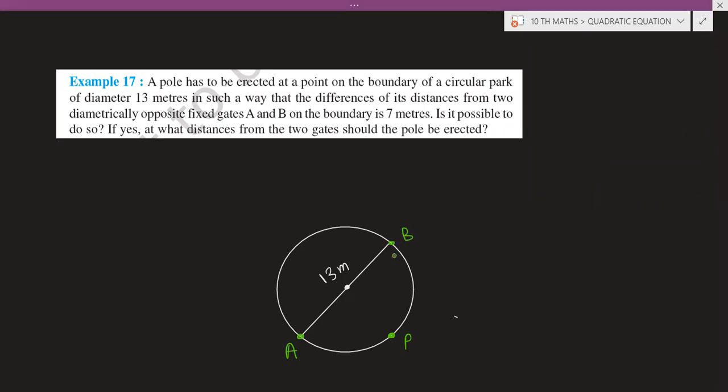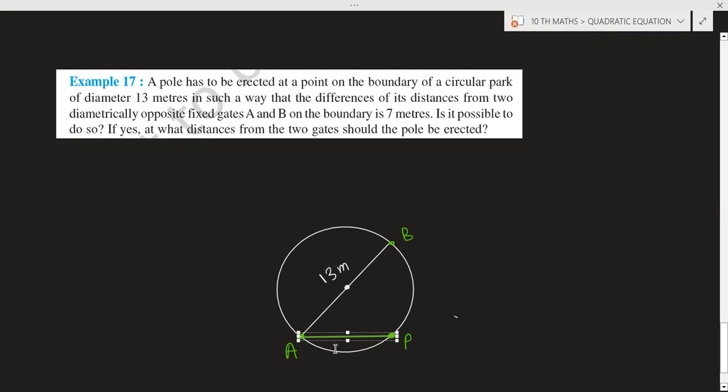If you are joining this, you will get the distance between gate A and the pole. And if you are joining this, then you are getting the distance between the second gate, that is B, and the pole P. So this is B gate, and this is A gate.